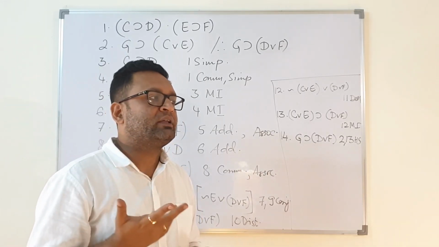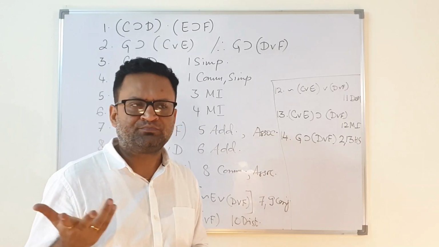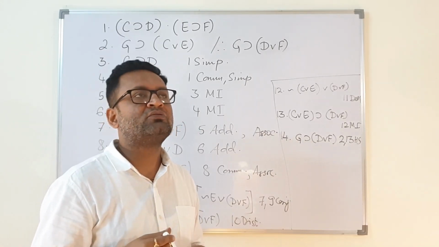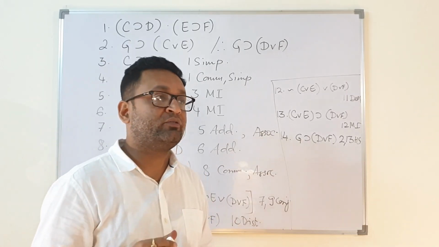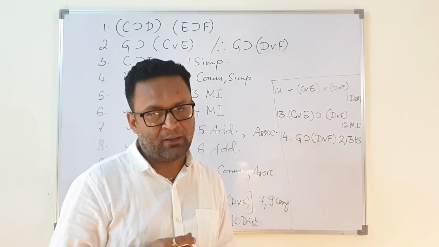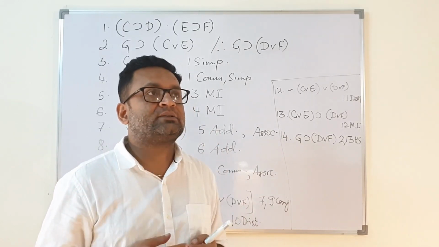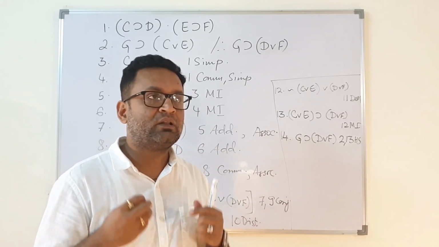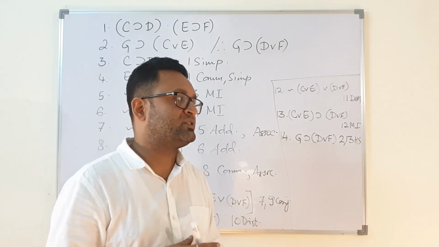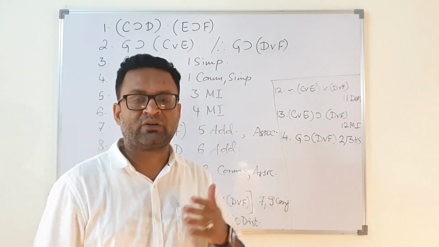Because as I told you that P equivalence Q, the material equivalence, we will always say that okay, P implies Q dot Q implies P, but we seldom use that P dot Q wedge negation of P dot negation of Q formula. So all these things, all these methods, all these strategies are going to be very important for you to solve these questions or solve all the questions.